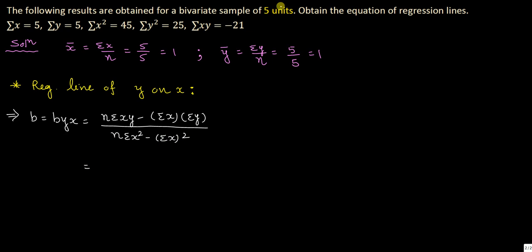Okay, putting the values, n is given as 5. Sigma xy, here it is 21, minus sigma x 5 and sigma y both are 5, 5 into 5, upon n is 5, sigma x square is 45, minus sigma x whole square, sigma x is 5 whole square.